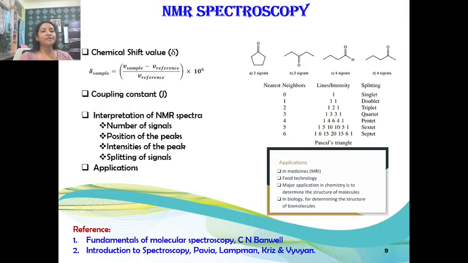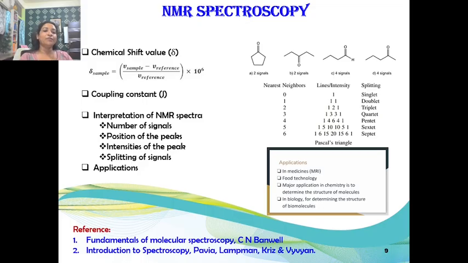Now the interpretation of NMR spectroscopy, that means what kind of information we can get from NMR spectroscopy. The number of signals gives us the different types of protons or atoms present in the compound. From the positions of the peaks, we can predict what type of link is present in the molecule.